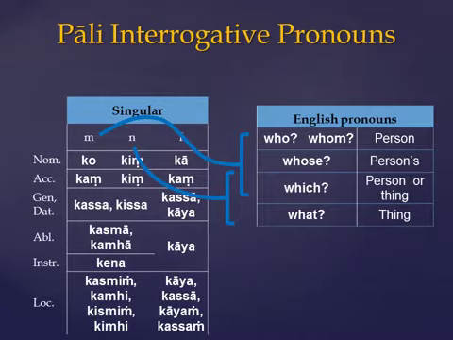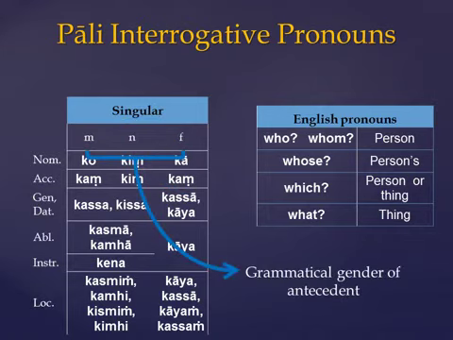But as the last example has shown, in Pali, the interrogative pronoun takes the gender of the thing that the question is about. And when translating, we have to then decide whether the thing referred to is actually a person or a thing, and then choose the corresponding English pronoun. Okay, so let's continue.